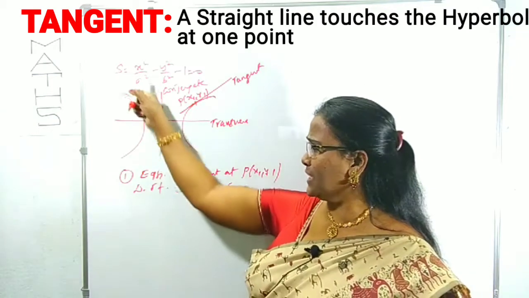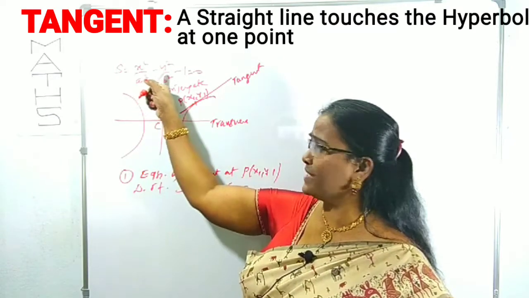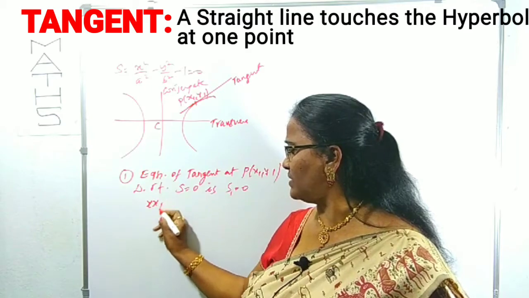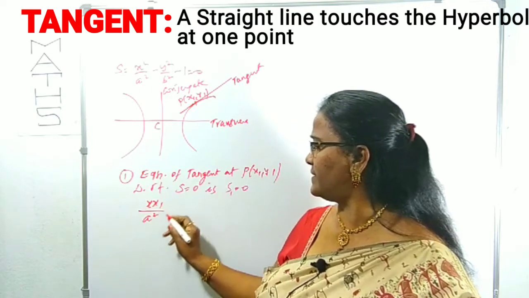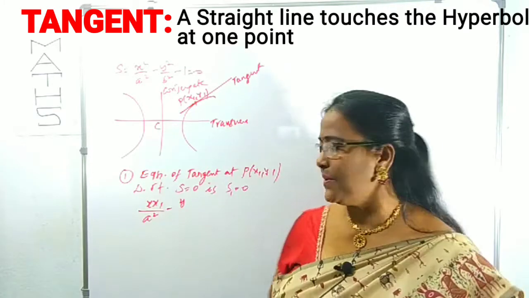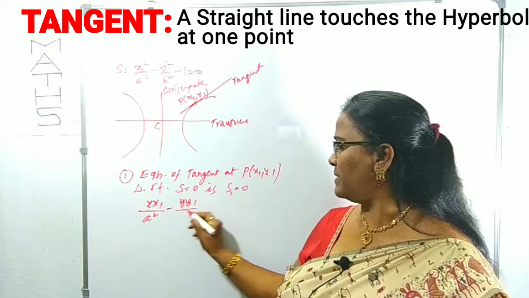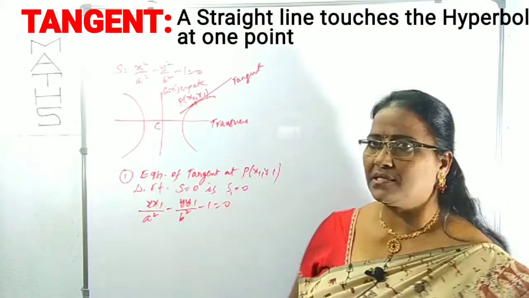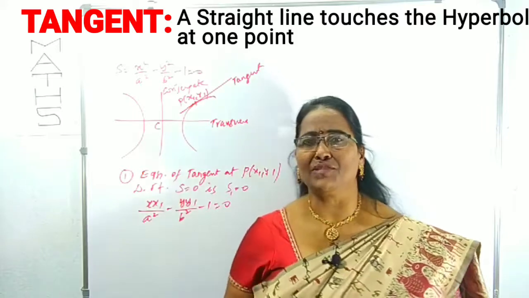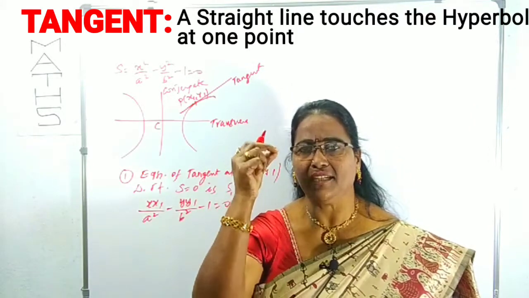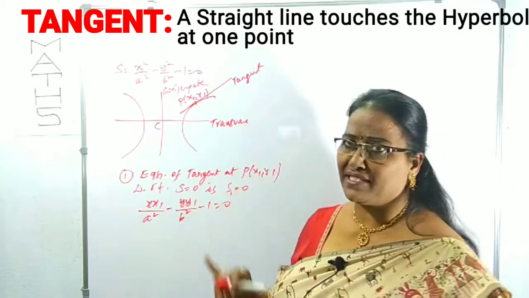What is S1? x square is a second degree term, y square is also a second degree term. The second degree term we write as xx1 by a square, the constant as it is, minus yy1 by b square, minus 1 is equal to 0. This is the expansion of S1 equal to 0. This is the equation of the tangent at some point x1, y1.